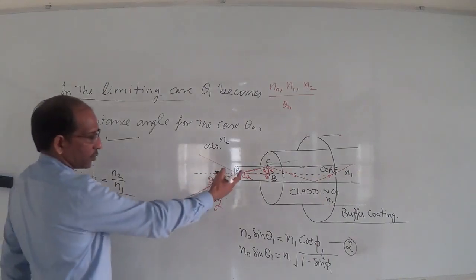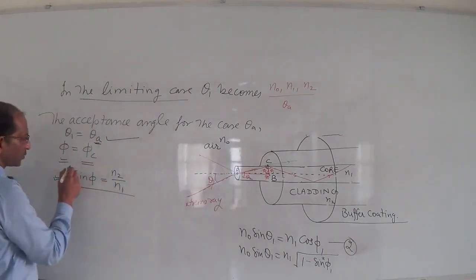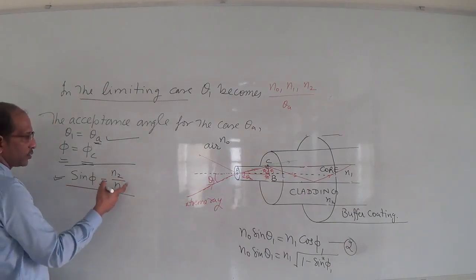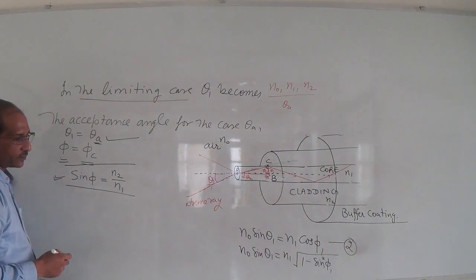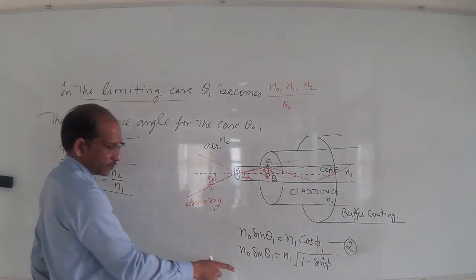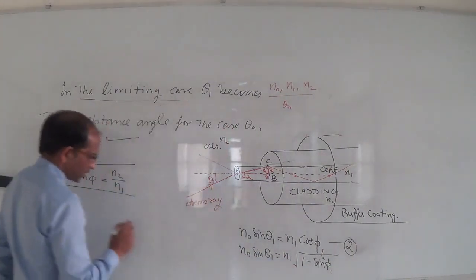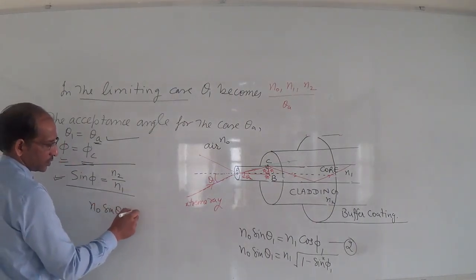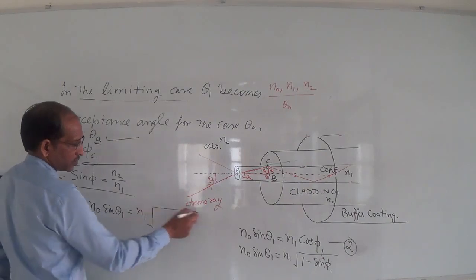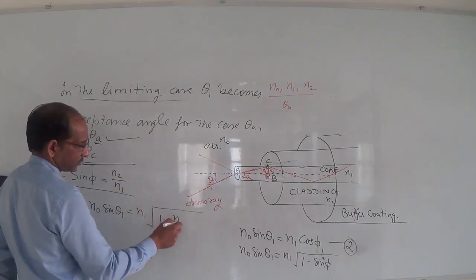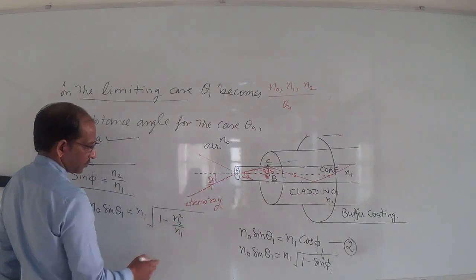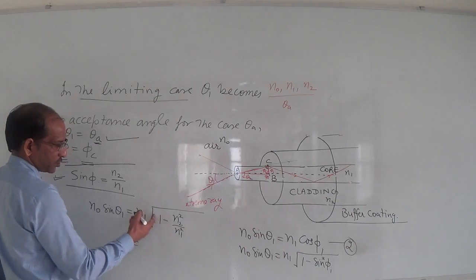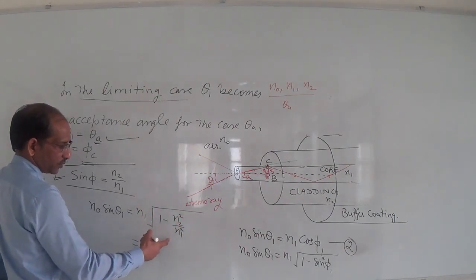Then according to Snell's law, as we have already derived, sin phi will be equal to n2 upon n1. So now I am putting this value here. So the result becomes n naught sin theta 1 is equal to n1 square root 1 minus n2 square upon n1 square, that is n1 square minus n2 square upon n1 square.